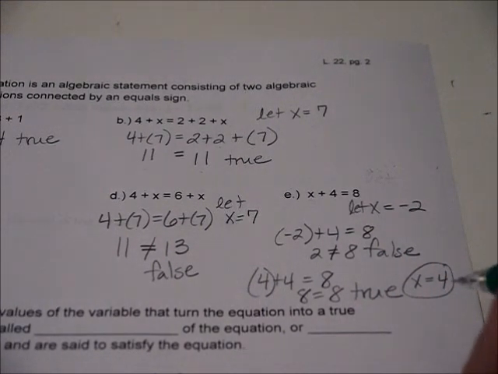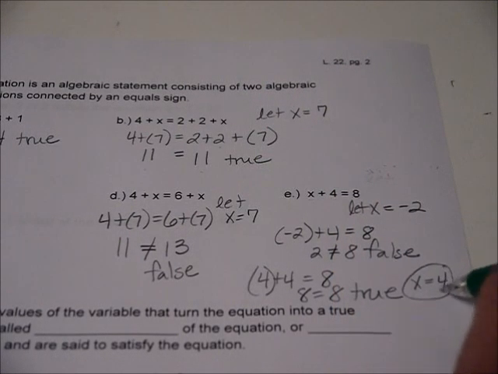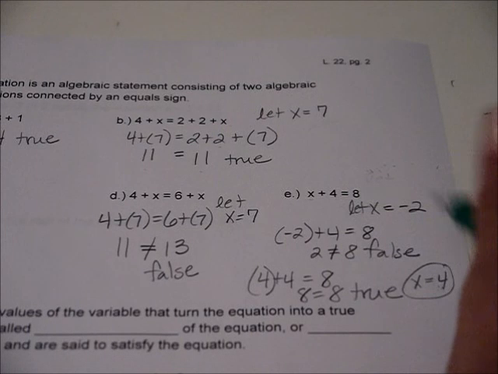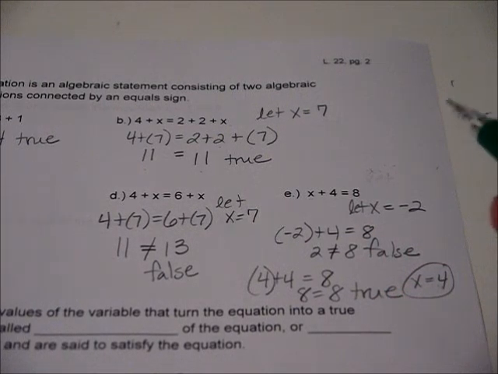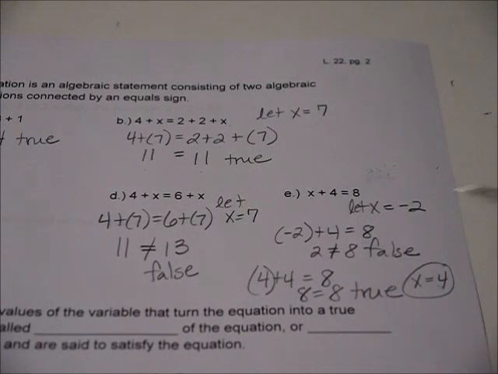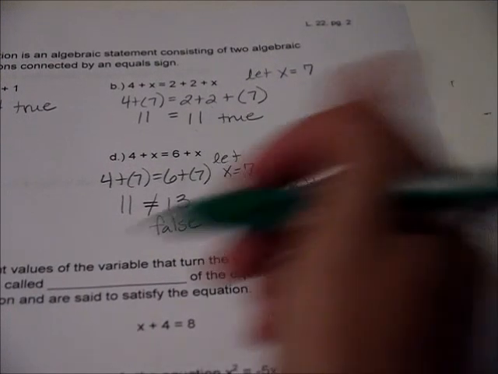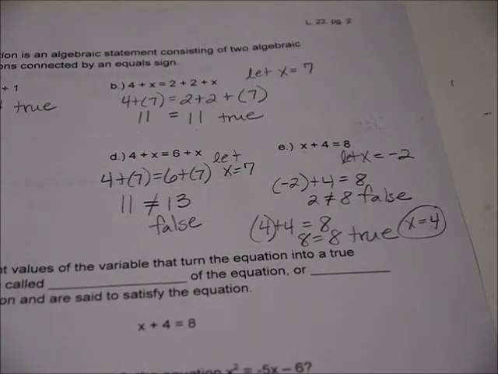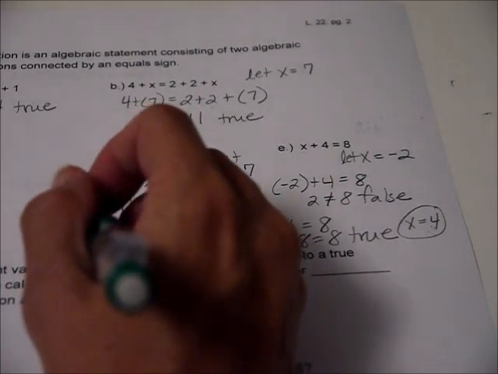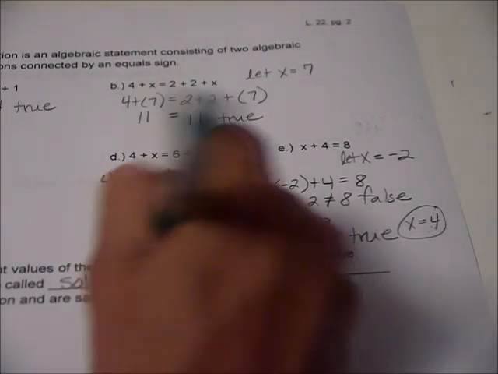So when we find something that works, we call it a root. So in this case, 4 is a root of this equation. A root just means an answer that solves it, an answer that works. We're gonna talk about that here soon. Well, here it is. Replacement values of the variable that turn the equation into a true equation, which is what happened here, are called solutions, which is an obvious term that you would use.